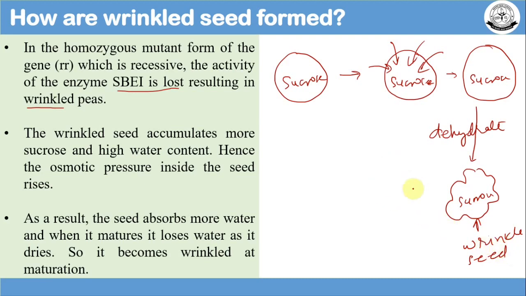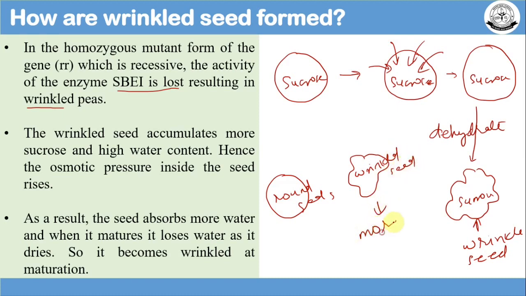But interestingly, you can understand that wrinkled seeds are sweeter than round seeds, and round seeds are comparatively less sweet. Why? Here there is more starch, and here there is more sucrose. What is sucrose? It's table sugar, right? There is more sucrose.